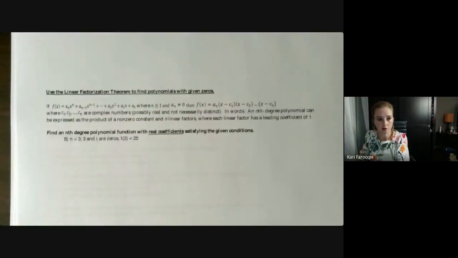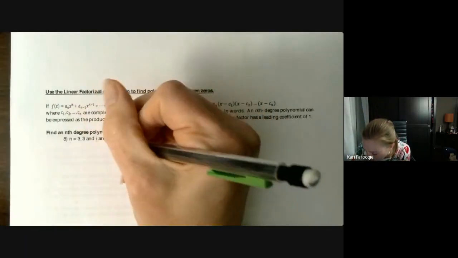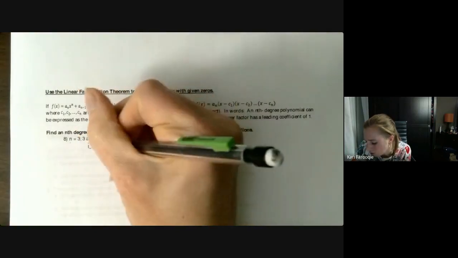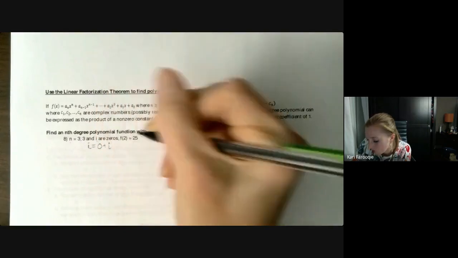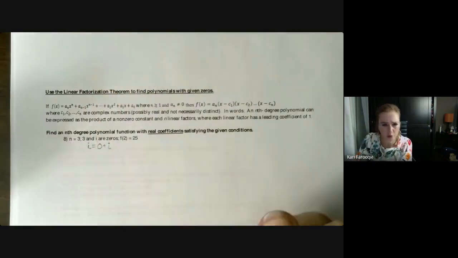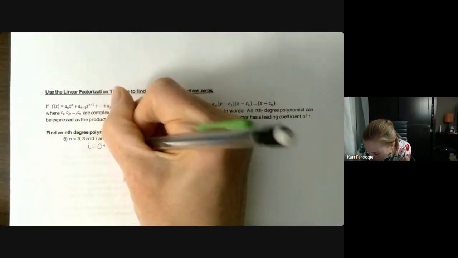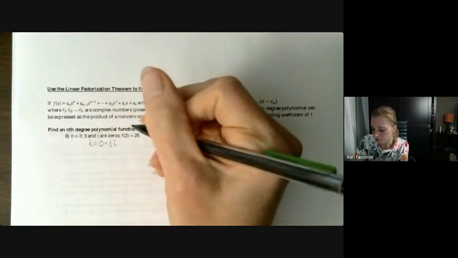So since we know that i is a root, then i is really the same thing as 0 plus i. So if you wanted to write it in the form a plus bi, that's what it would look like. If you really wanted it to be a plus bi, technically you could say 0 plus 1i. Then you could also say that negative i is also a root.